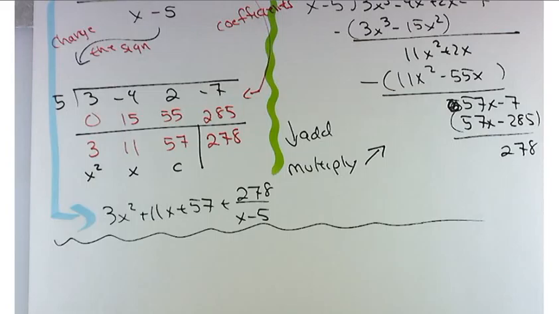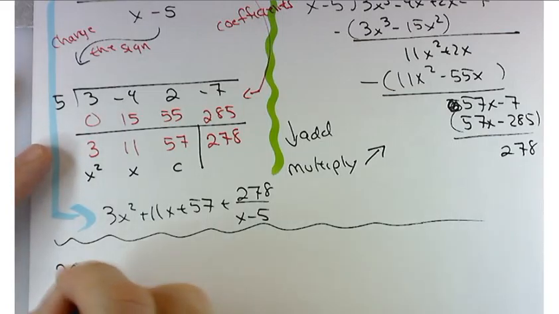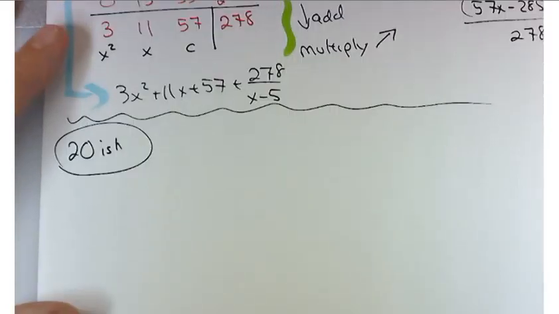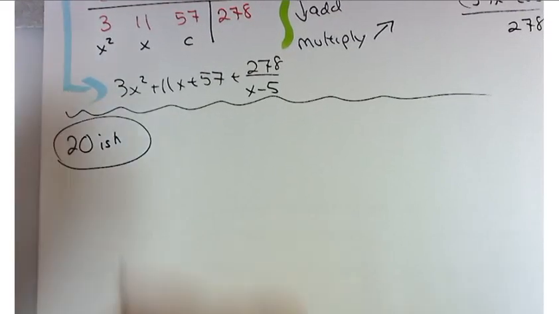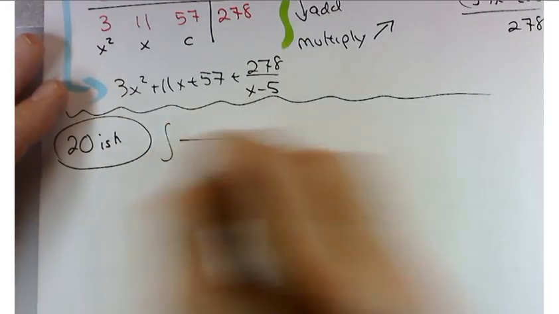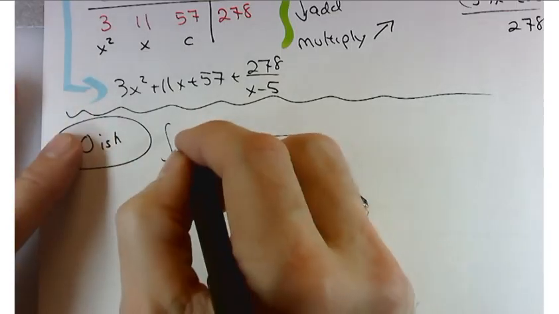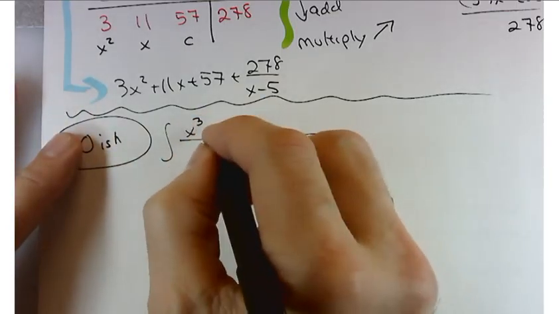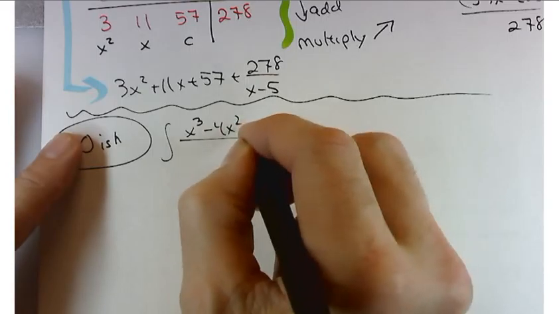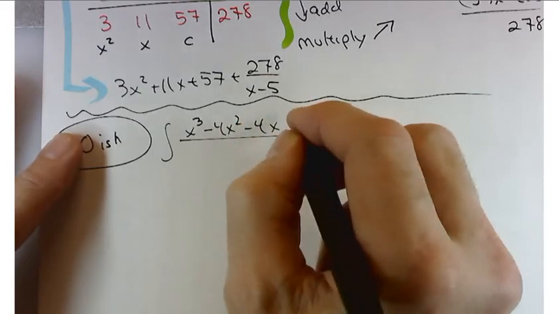So let's look at problem number 20, and we're going to call this 20-ish, because the way it's written in the problem in the book, you wouldn't be able to use synthetic division. It's the integral of x cubed minus 4x squared minus 4x plus 20.